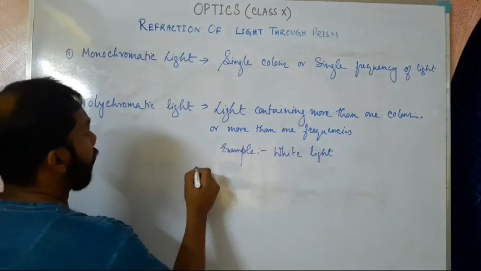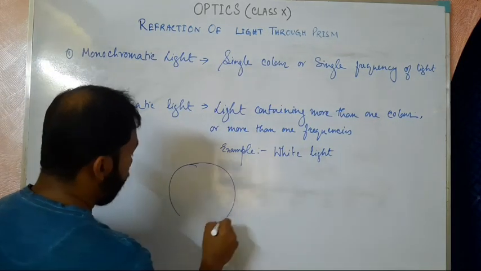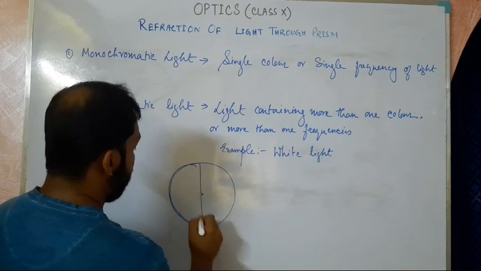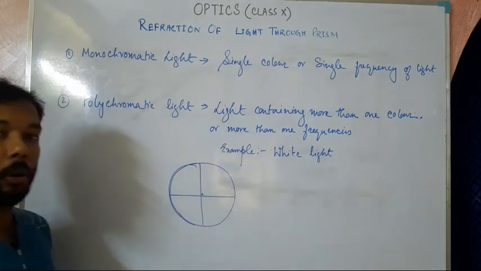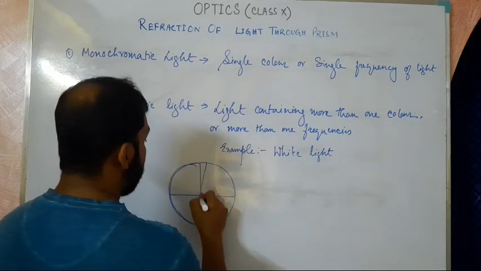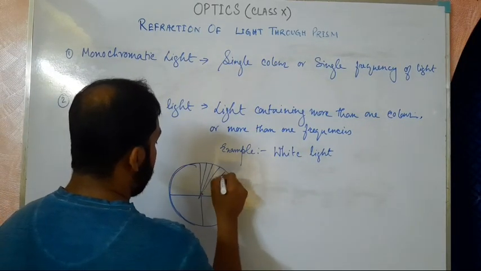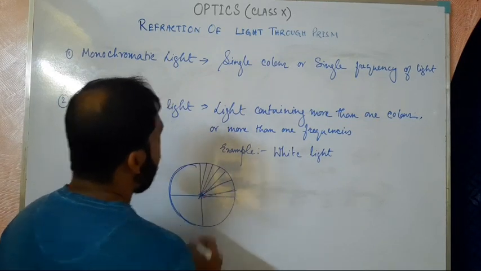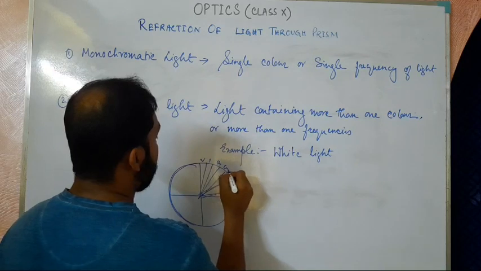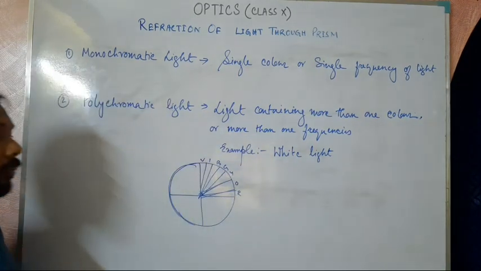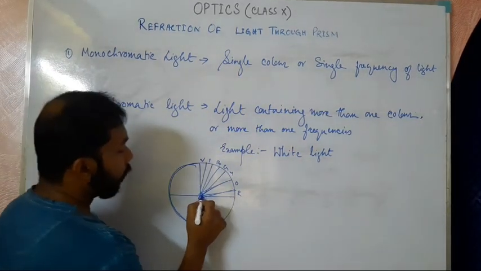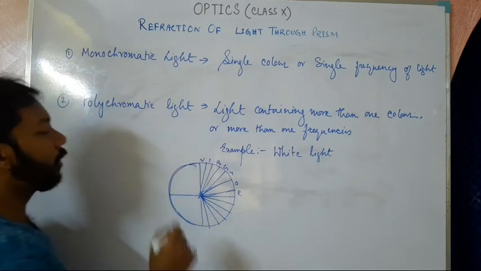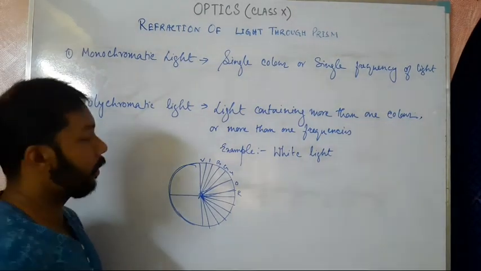What you can do, you can take a disc, then you can divide it in 4 parts, and in each part you can draw 7 colors sequentially: violet, indigo, blue, green, yellow, orange, red. You have to repeat this in each quadrant of the circle.